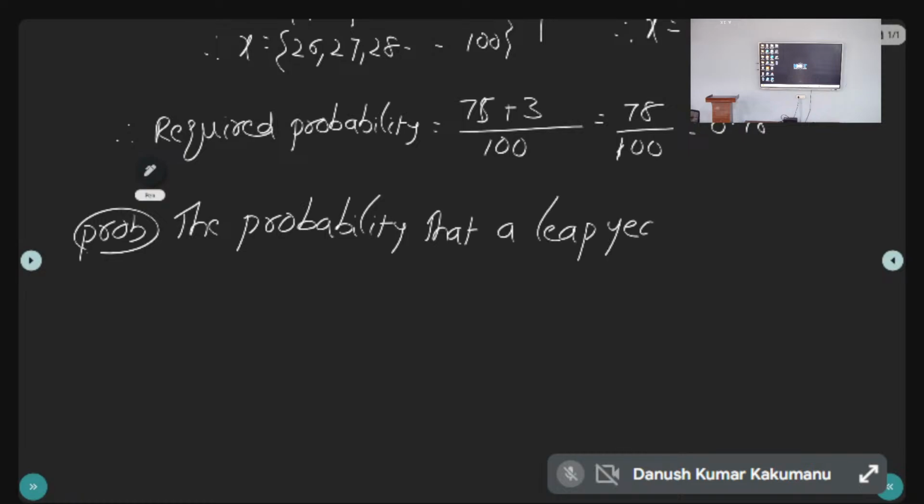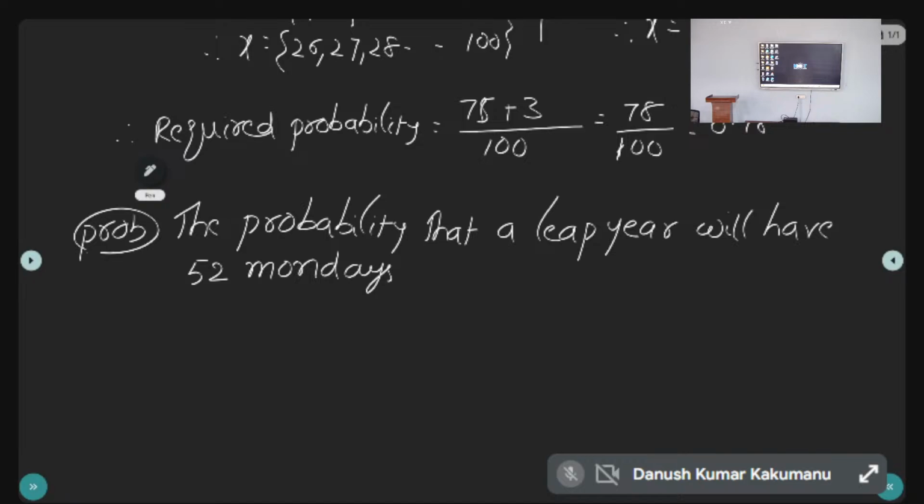The probability that a leap year will have 52 Mondays. The question looks very simple, but there is a small twist in this.